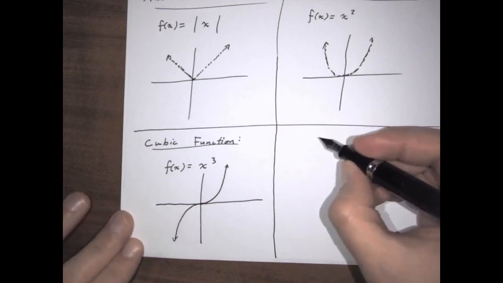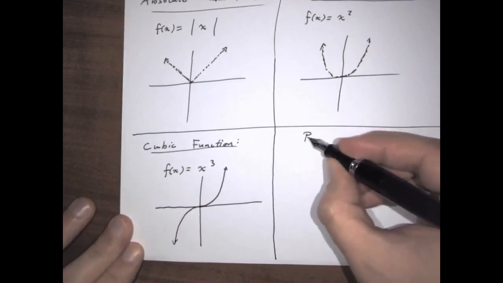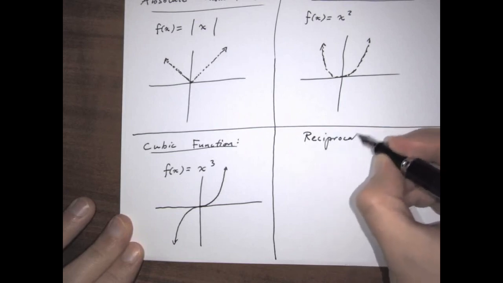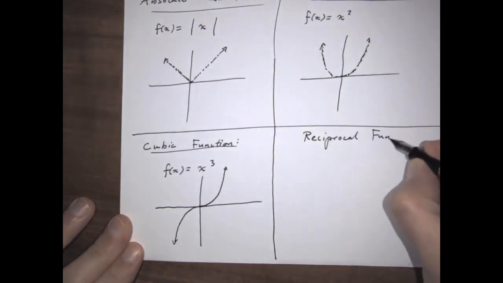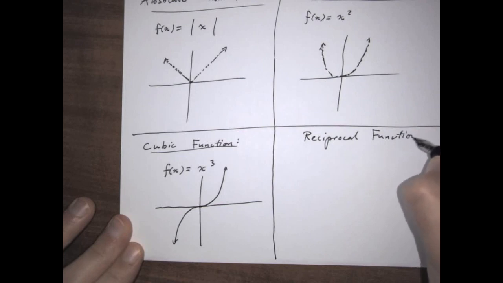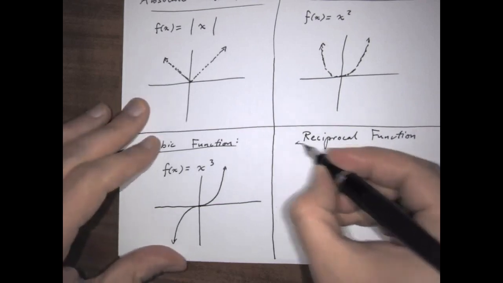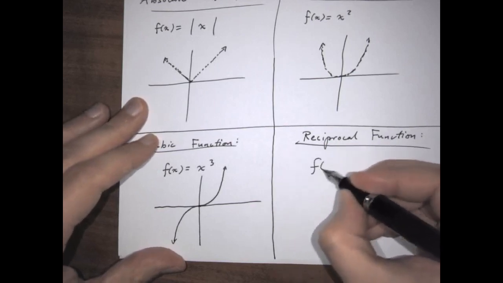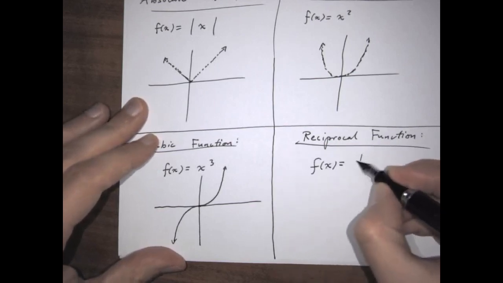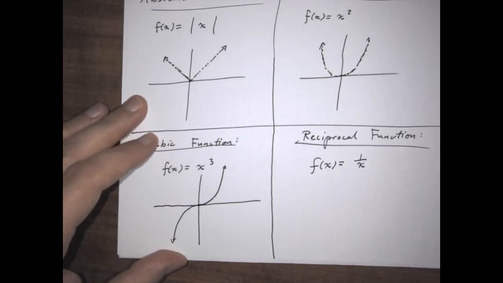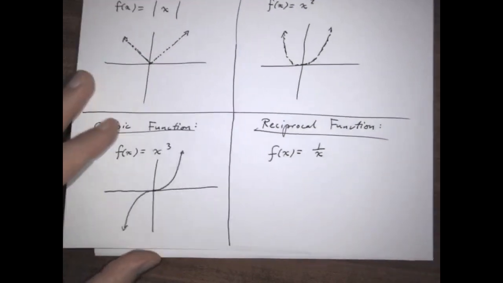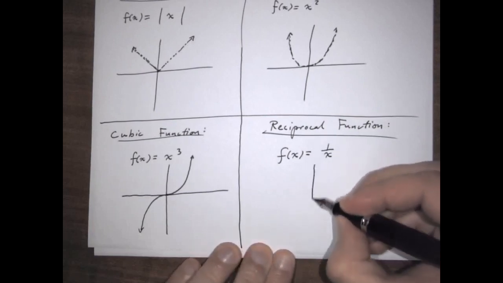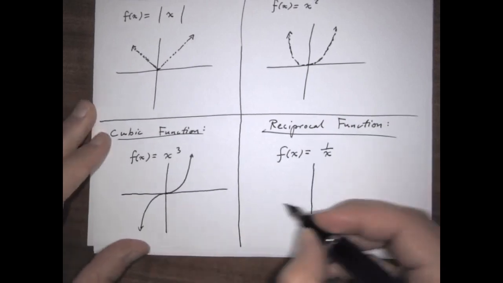Then the next on the toolkit is what is called the reciprocal function. And what this looks like is f of x equals 1 over x. So it's called a reciprocal because the reciprocal of a number is what you get if you do 1 divided by it. So the reciprocal of 2 is 1/2, for example.